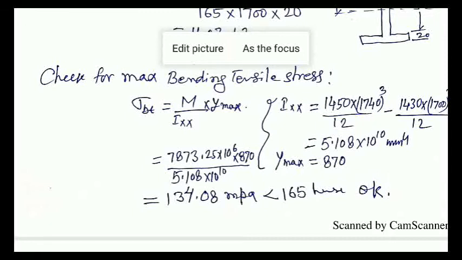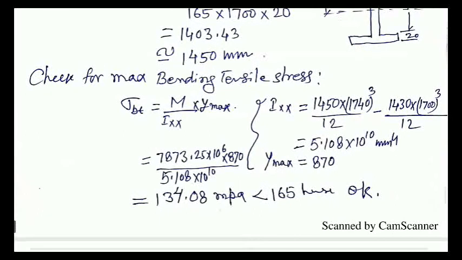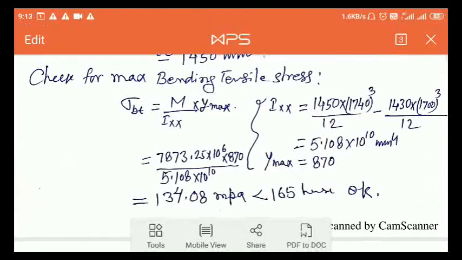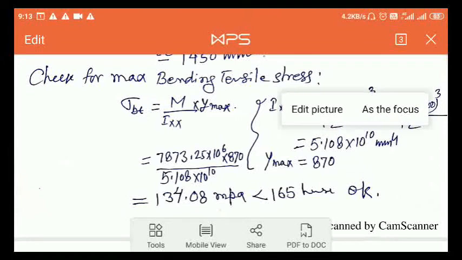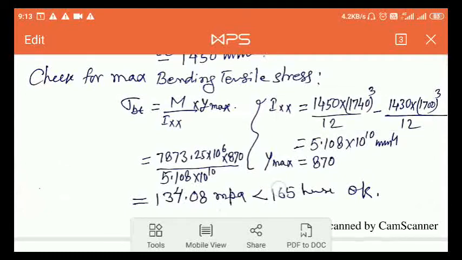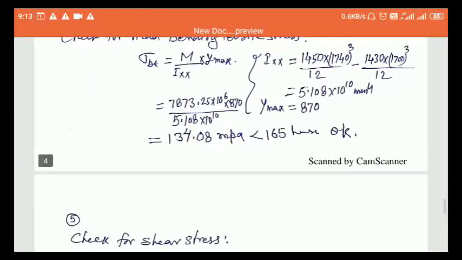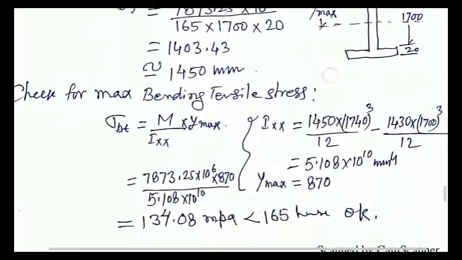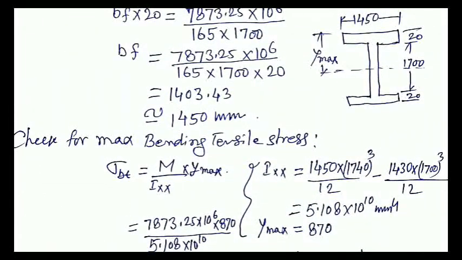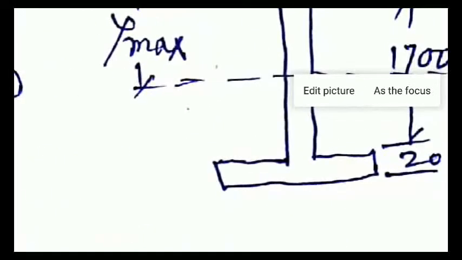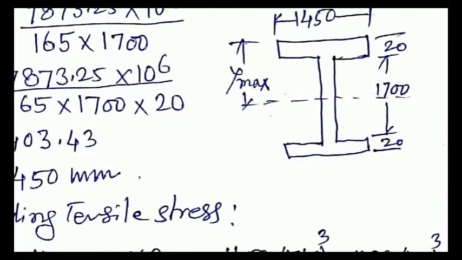Here the Ixx, as you can see here, comes out to be 5.108 into 10 raised to power 10 mm4, and Y max comes out to be 870 mm, because as you can see in this figure, half of this portion plus 20 comes out to be 870.